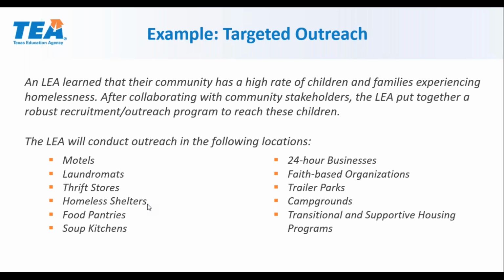But in this example from another state, they found that some other places they could look at were motels, laundromats, thrift stores, food pantries, soup kitchens, any 24-hour businesses. Families who experience homelessness often need a place to go overnight, and so that might be a good place to look. Faith-based organizations, trailer parks, campgrounds, and any transitional and supportive housing programs.